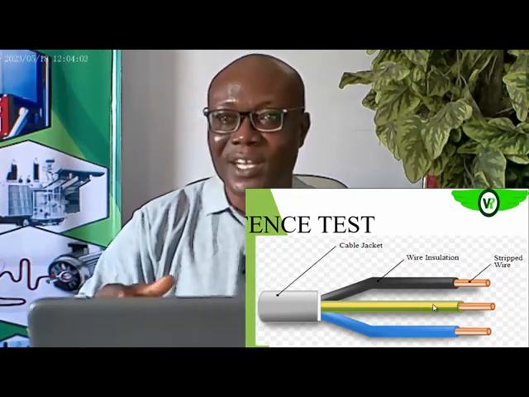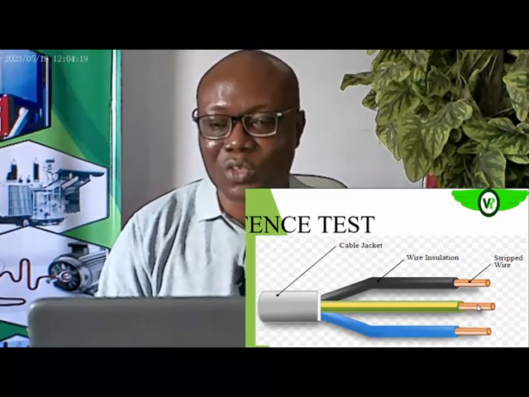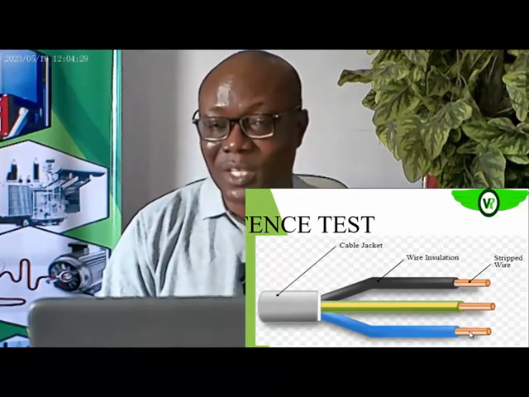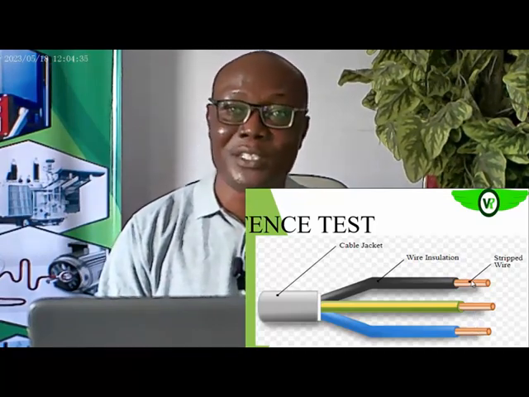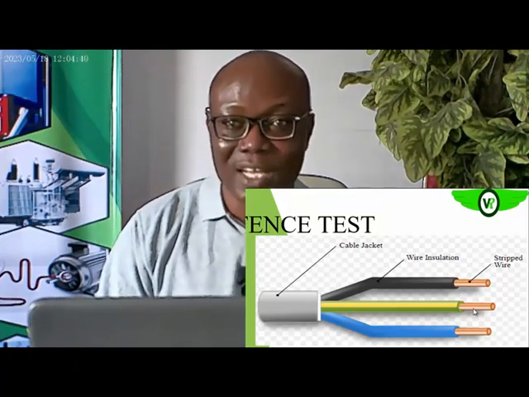And that is the level to which those two insulators will be able to withstand the voltage, or the pressure, that will be applied to these two conductors. Okay. Maybe it is between this and this. Are we getting it? So that is the insulation, and that is what you are testing when you put a probe here, and then you inject a predetermined level of voltage to get the insulation resistance reading. Are you getting it?